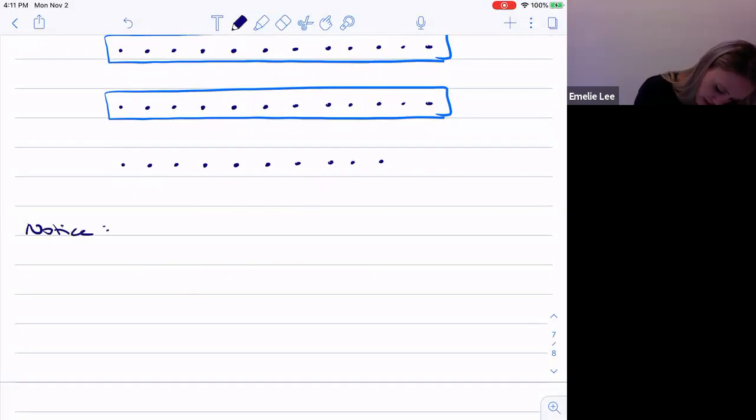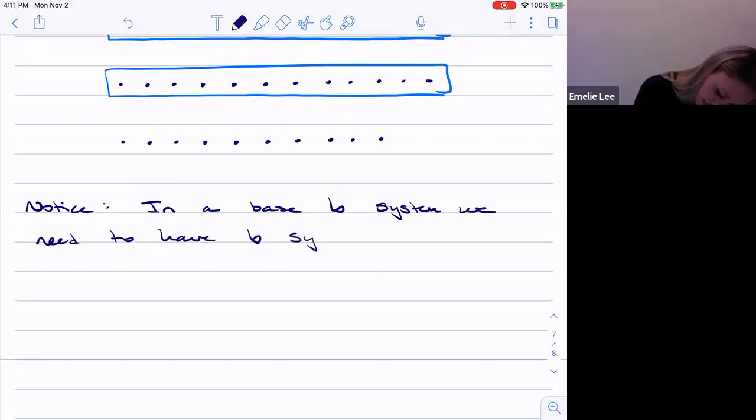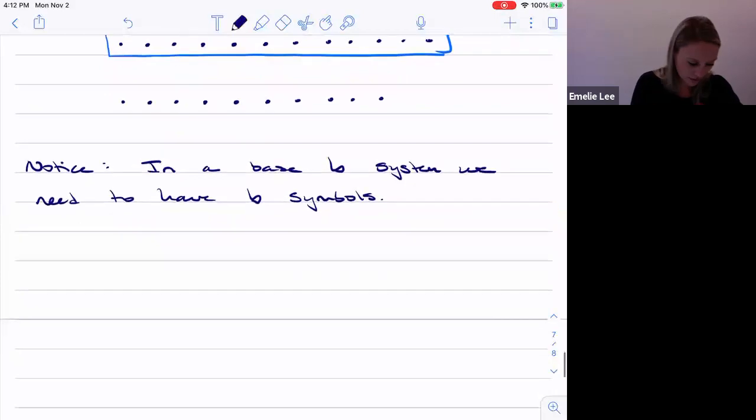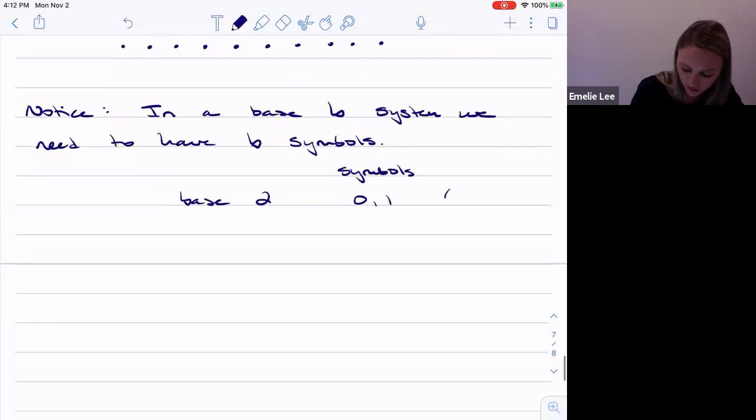So base 2 had symbols 0, 1, so 2 symbols.